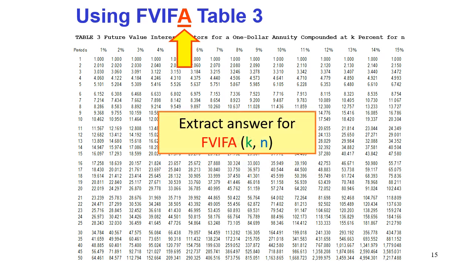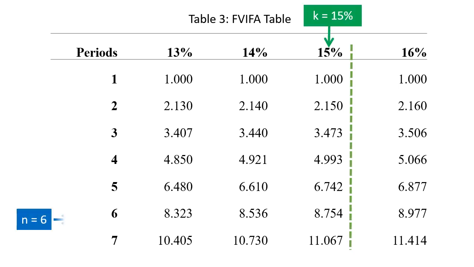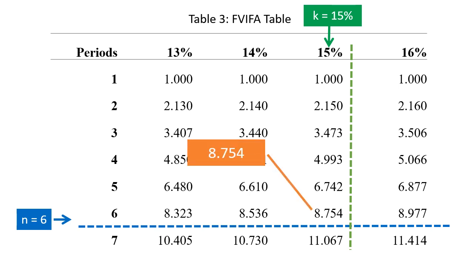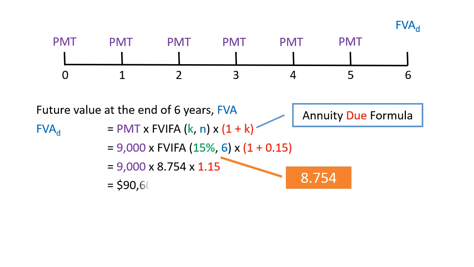Next, we find the answer. We know K, we know N. The intersection is the answer. Substitute the answer from the table and get the figure here, the answer for FVAD.